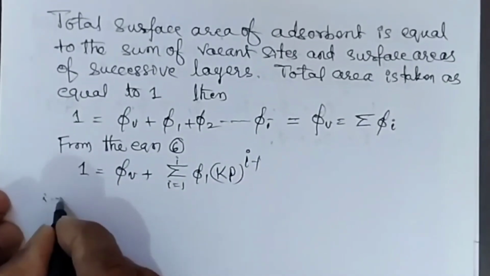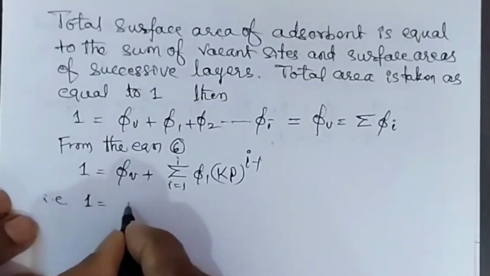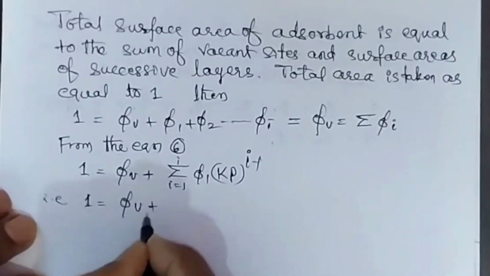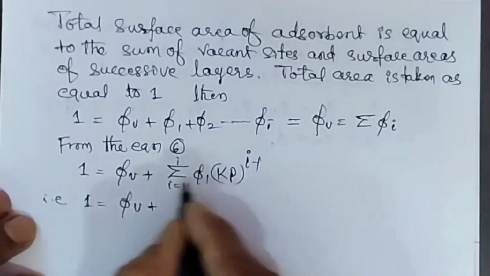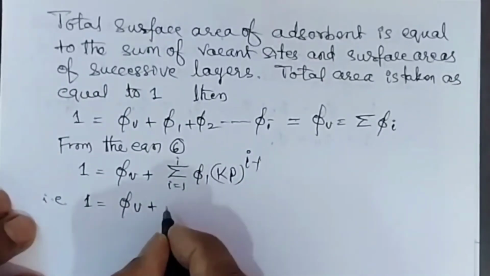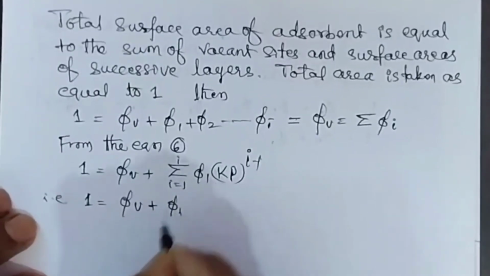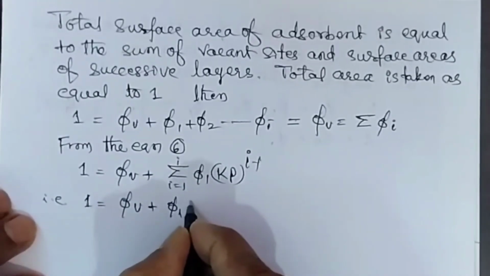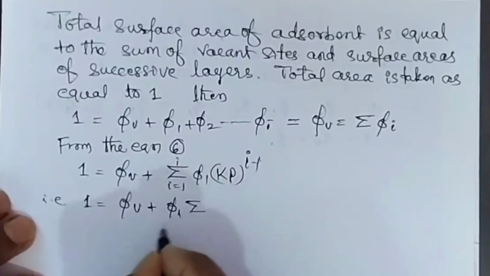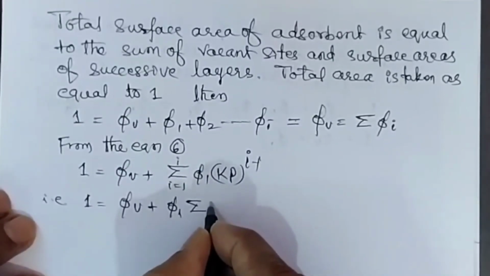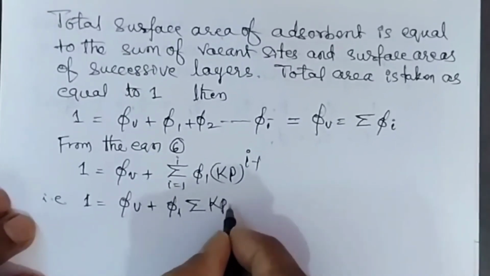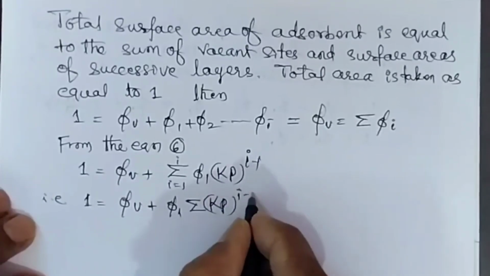That is 1 equals pi v plus, you may take this pi 1 common, and summation of Kp raised to I minus 1.